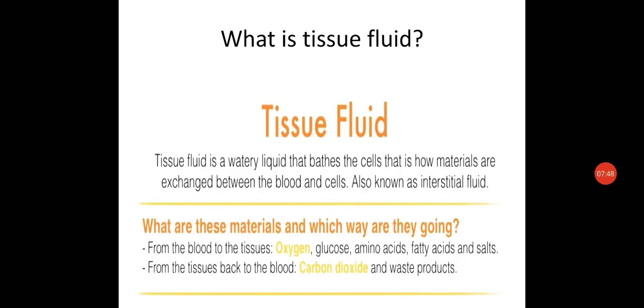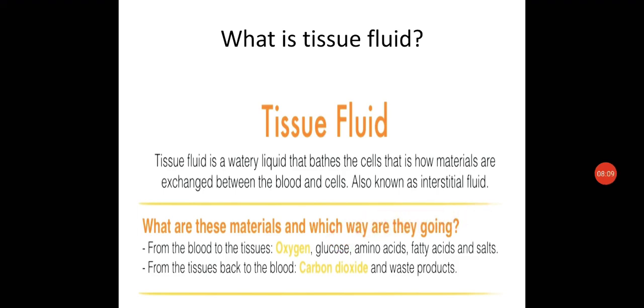What is tissue fluid? Tissue fluid is a watery liquid that bathes the cells. That is how materials are exchanged between the blood and cells. What are these materials and which way are they going? From the blood to the tissues: oxygen, glucose, amino acids, fatty acids and salts.